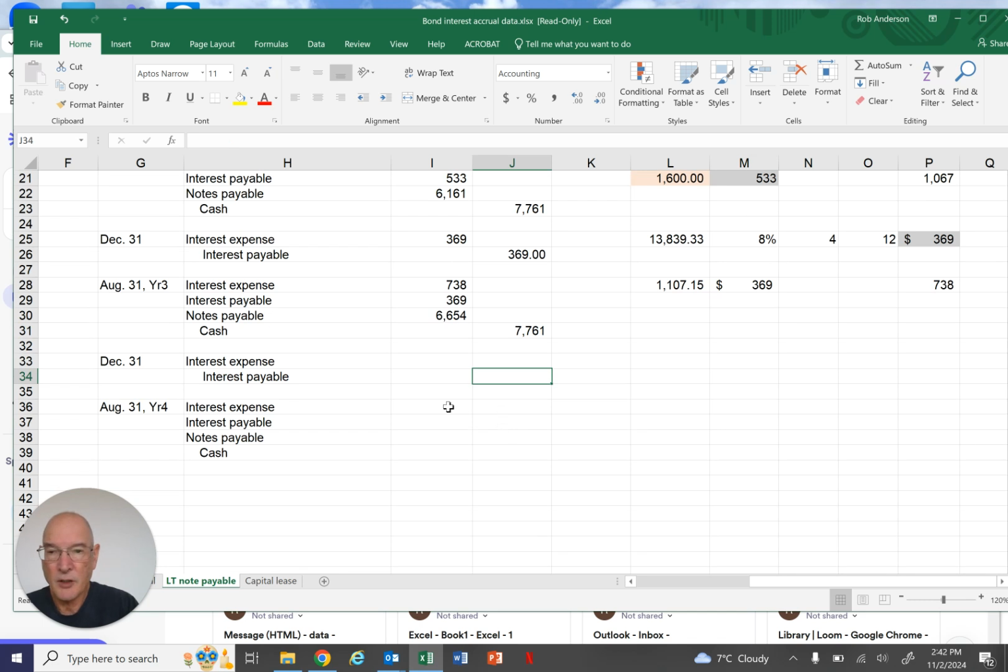And then you would construct your final payment the same way that we just did the other two. So I'm going to let you do that because I think that would be good practice for you. And your debits should equal your credits, and at the end your note should be 0 and repaid.